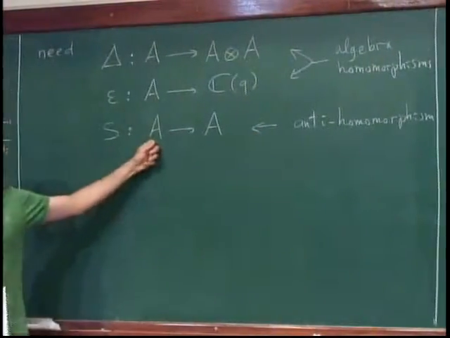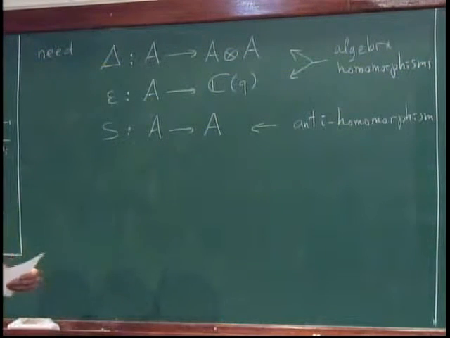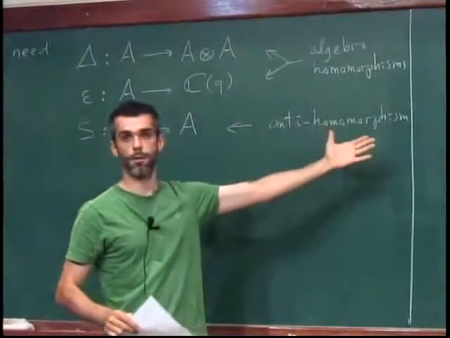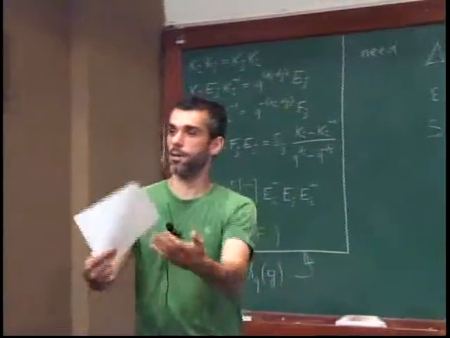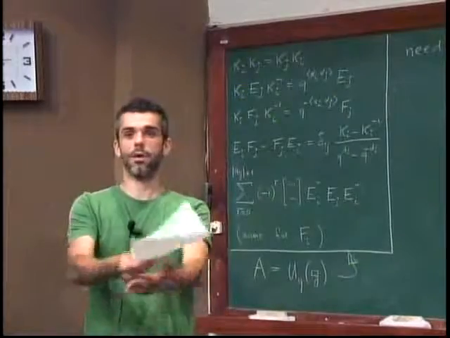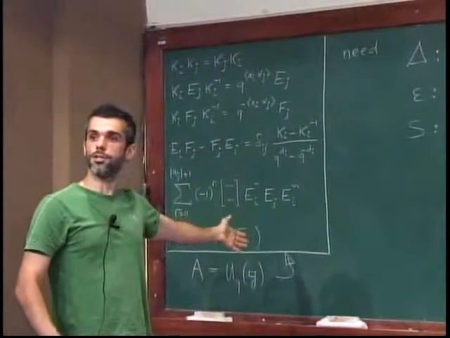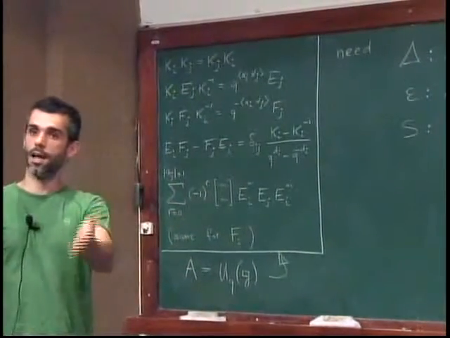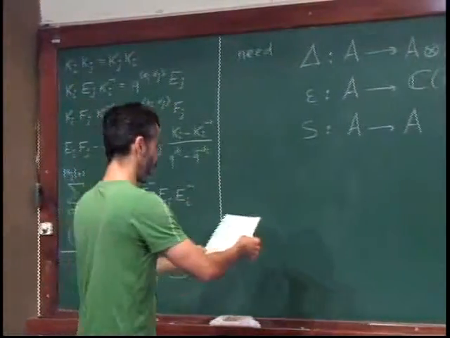S of AB is S of B times S of A. Well, they're homomorphisms or anti-homomorphisms. In both cases, it's enough to give them on generators, because if you know it on a generator, you can deduce it on a product of generators. And everything is a linear combination of products of the generators, E_i, F_i, and K_i. So let me just give you the formulas.